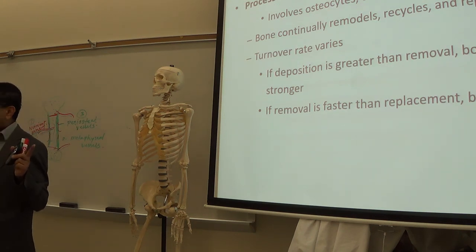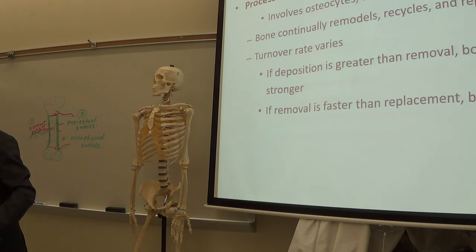Okay? Now, you tell me, in early part of your life, when the body is growing, which one is more? Growth is more or destruction is more? Growth is more, right? That's how the bone is growing. So destruction is less, loss is less, right?